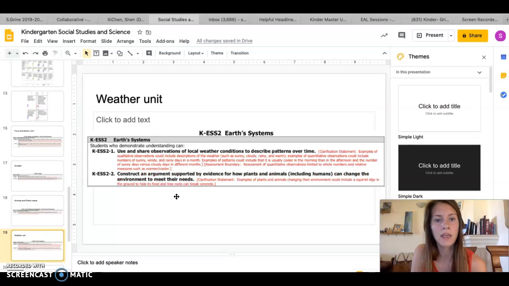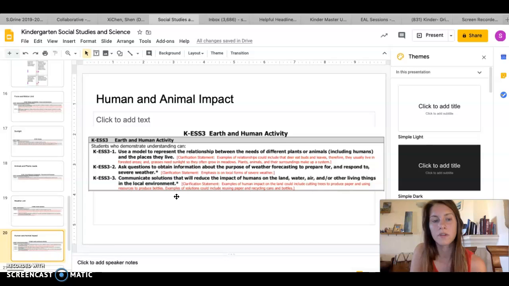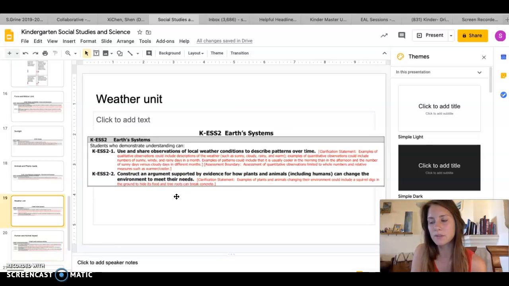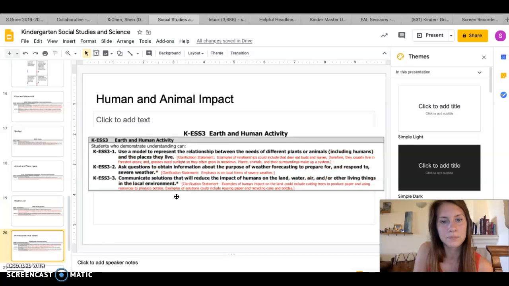Earth systems, again, really focuses on observing weather. I think that one we already do really well, because every morning we would make a graph of how the weather was doing. This one is looking at how the Earth and humans are connected through weather, through recycling, that kind of thing.